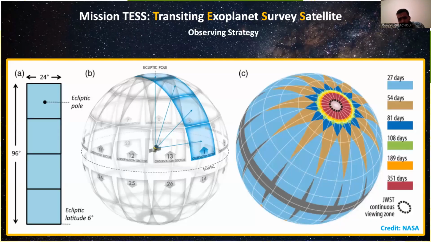TESS has observed almost the whole sky, more than 80% of the sky. It observed the southern ecliptic hemisphere in its first year primary mission, and the northern ecliptic hemisphere in its second year.